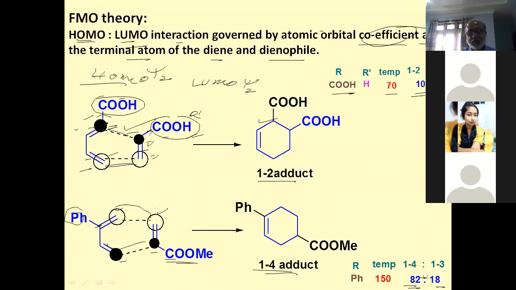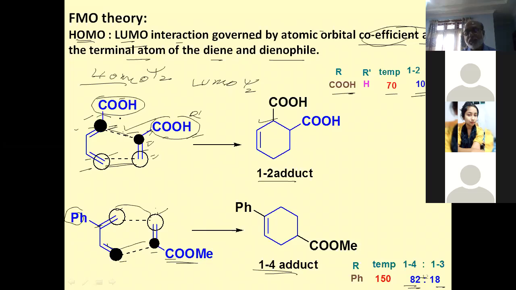When electron density is decreased, what happens to the orbital size? Orbital size decreased or not? Yes, but in both cases same terminals will get delta plus and delta plus. Don't go by that.